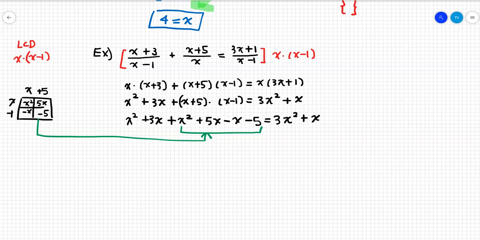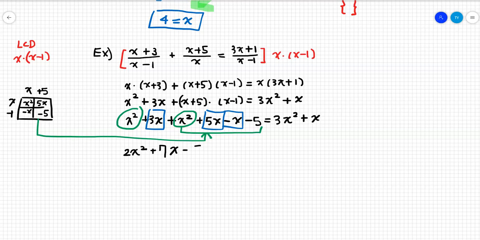If I combine some terms, let's combine the x squared term over here and the one over here. That gives us 2x squared. And then we combine the 3x over here, the 5x here, and the minus x there. That will give us 7x.